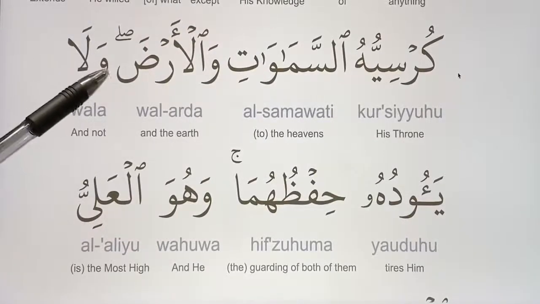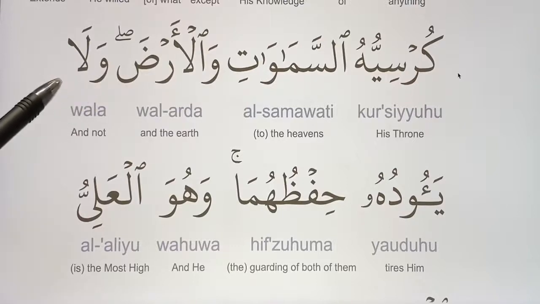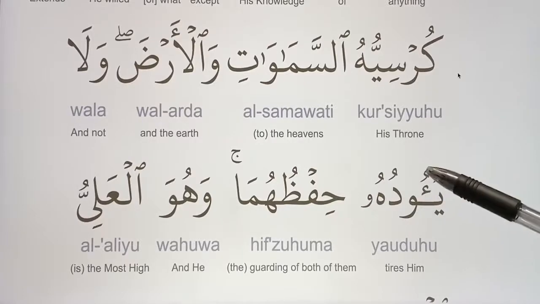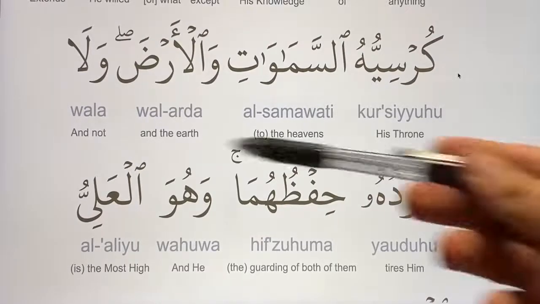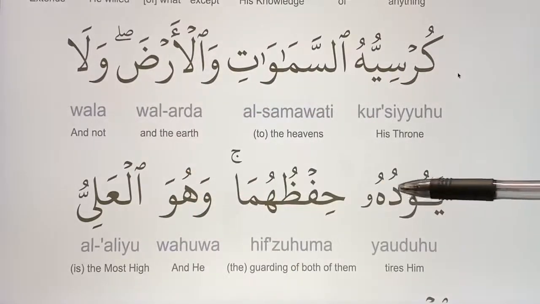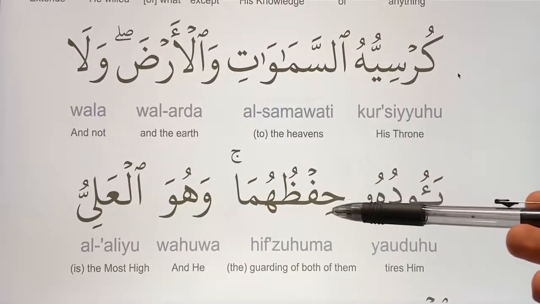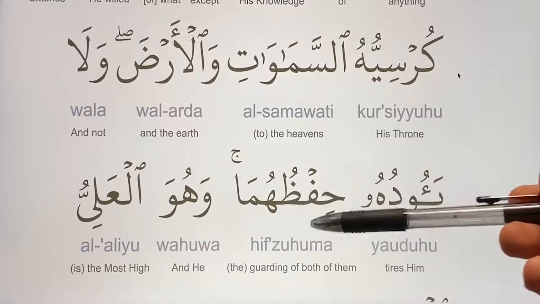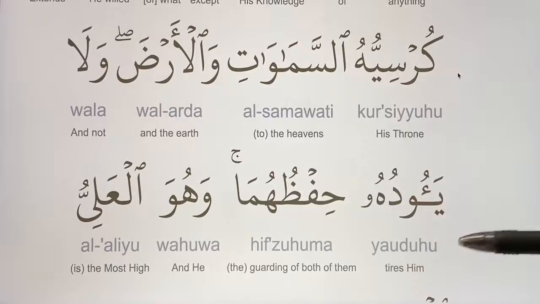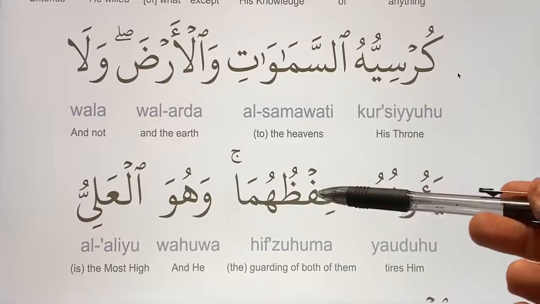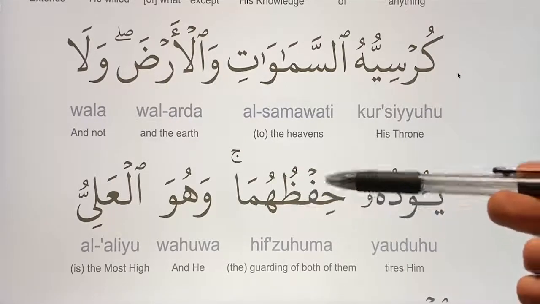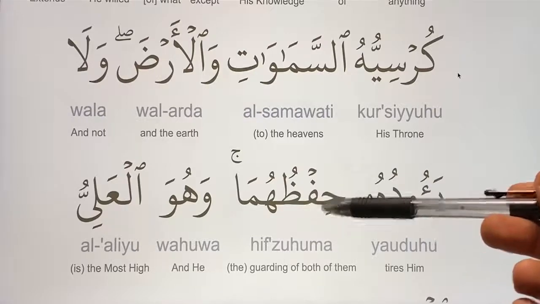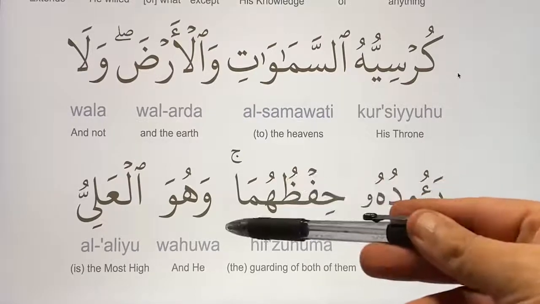Same ayah, Ayat Al-Kursi. ولا يؤوده. So here, ولا يؤوده حفظ. Okay, so ولا يؤوده حفظهما. So this is حفظ. So حف and then حفظهما.